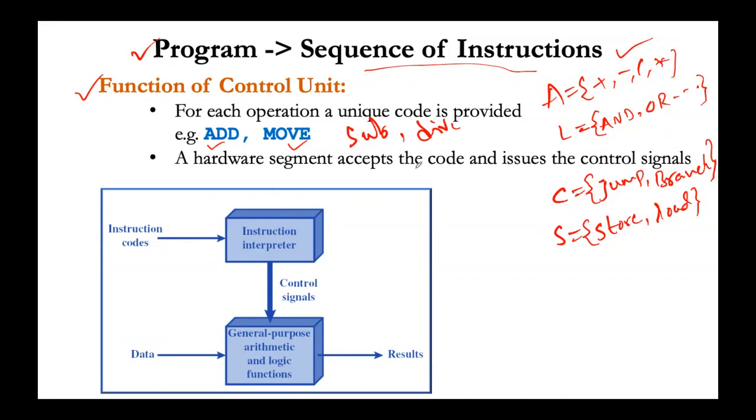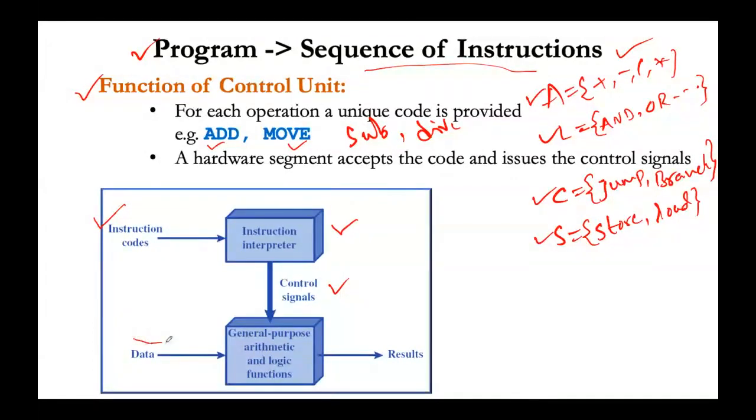The hardware segment accepts the code and issues the control signals. In this sequence, the instruction codes are given as an input to your instruction interpreter. This interpreter will interpret whether they are arithmetic, logic, control, or storage operations, and based on that, it gives the control signals to the ALU. Then the ALU will perform the operation.